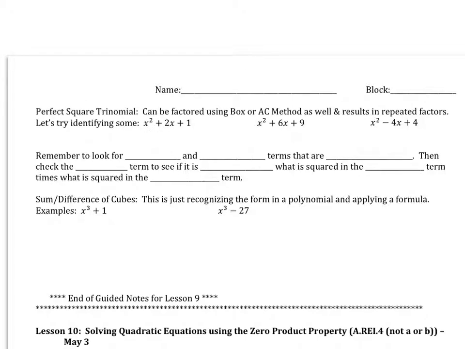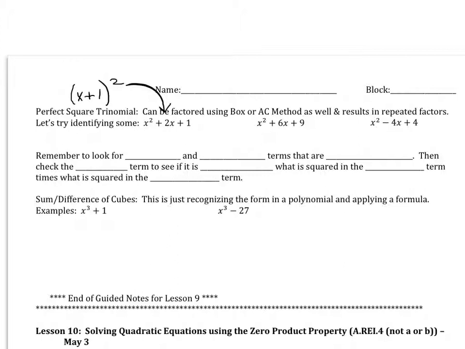Let's go on to what's called a perfect square trinomial. This is what happens when you square, like x plus 1 squared, ends up being this trinomial. So we have x plus 1 times x plus 1, and we end up with a double term in the middle.